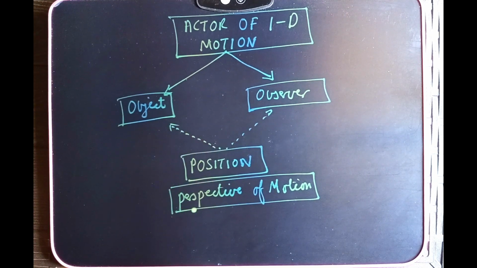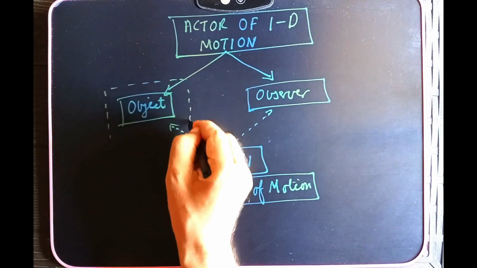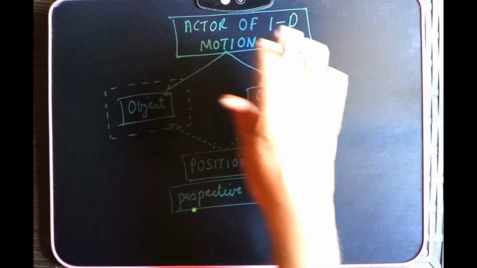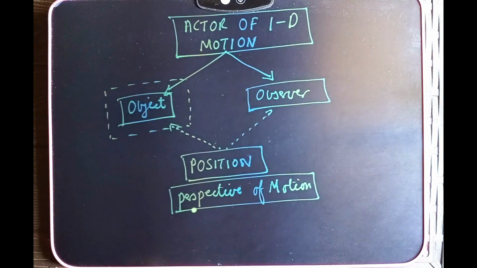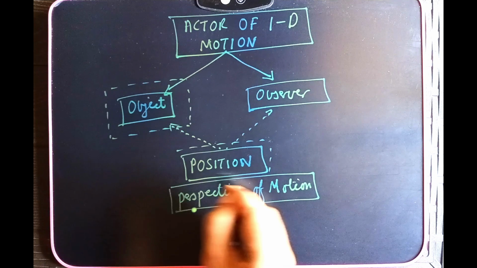In this particular session for one dimensional motion, we are going to study more about the object. And in the subsequent topics, we will study more about the entire holistic aspect where the observer also is involved. Okay. So now let us talk about the aspect called position.